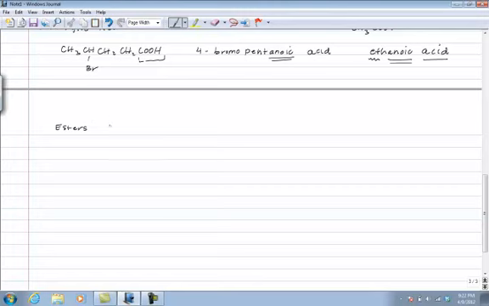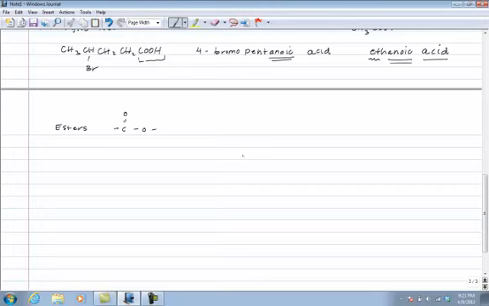Esters have an O added to the end. Many times esters are substances that give certain fruits their smell, like bananas or strawberries or pineapple. These are all esters. And to name an ester, just like the last grouping, we're going to have a special name to it. And we're going to put the word acetate at the end.